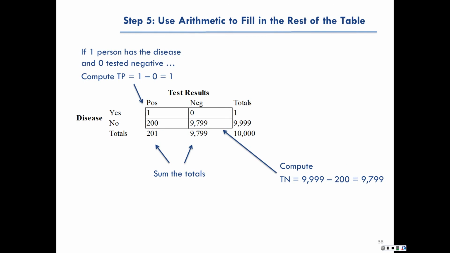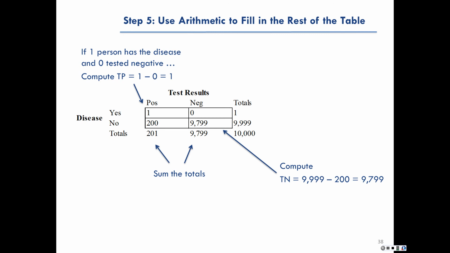And the last step of filling in the table is just using arithmetic to fill in the rest of the table. So we know if one person has the disease and 0 tested negative, then one person must have tested positive, and that's our true positive. We fill that in. We also know that if 9,999 people do not have the disease of bleuritis, and 200 people tested positive, those are our false positives, then that means that 9,799 must have tested negative.